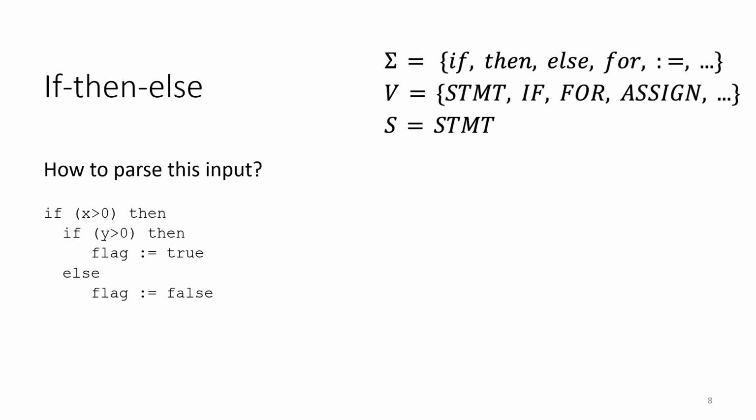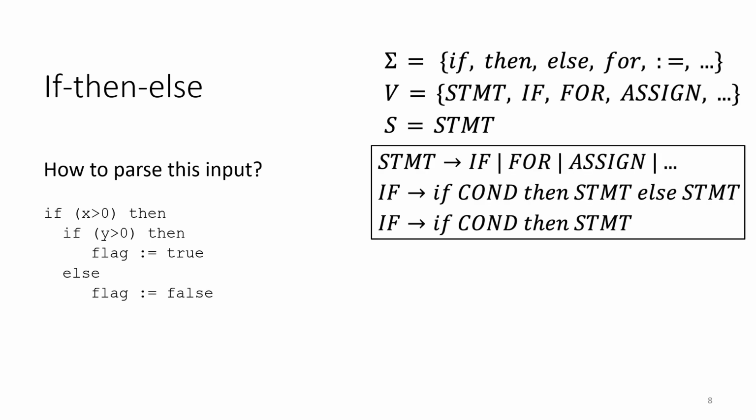My variables are statement, if, for, assign, and the starting variable is statement. And then my rules are for statement, I can replace it with an if, a for, or an assign. If I can replace with if condition, then statement, else statement, or I can replace it with if condition, then statement. So no else there.